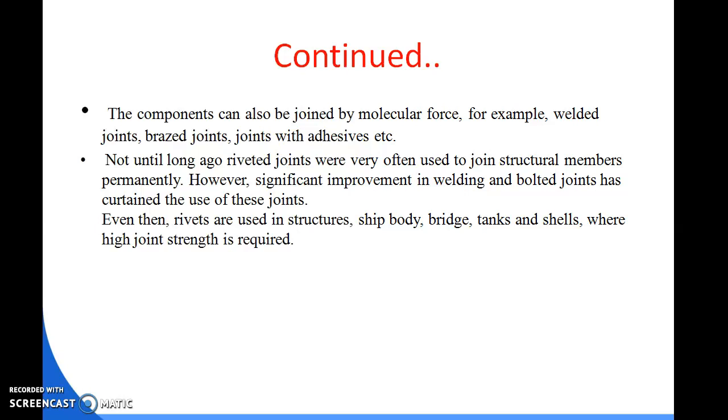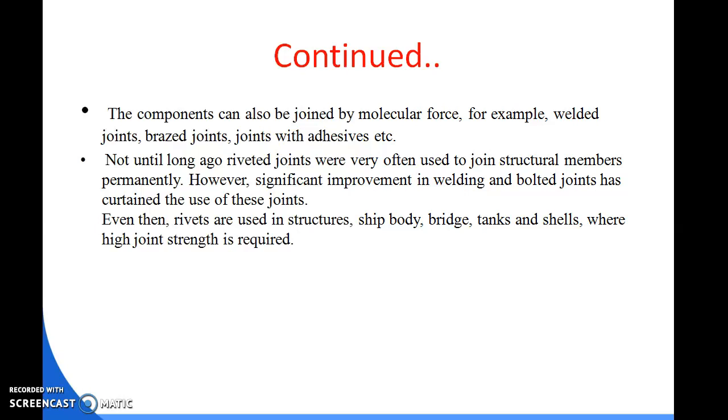For example, welded joints, brazed joints, joints with adhesive, etc. Not long ago, riveted joints were very often used to join structural members, where the structural work has to be very permanent. However, significant improvement in welding and bolted joints has curtailed the use of riveted joints.